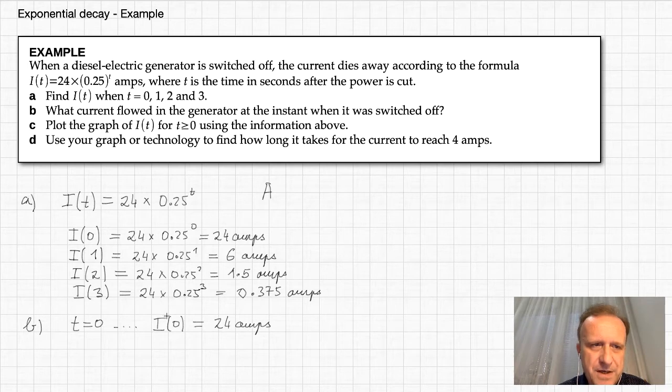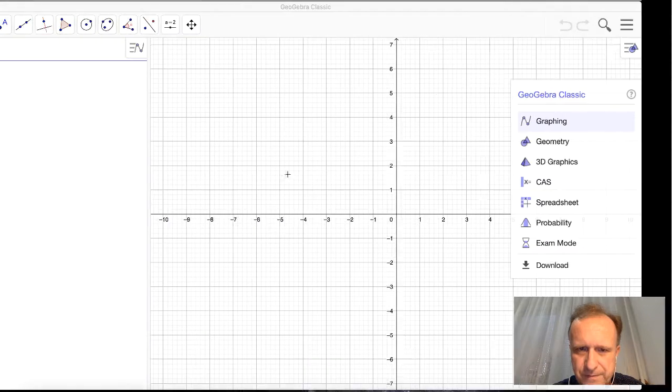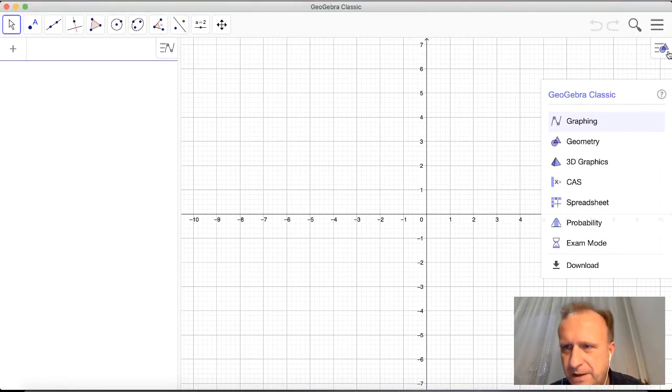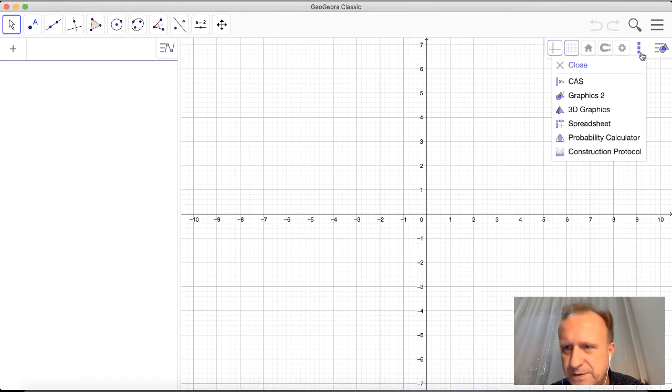Now in part C we have to plot the graph of I of t for t greater than or equal to 0 using the information above. Okay, so we have the formula, we have everything. Then let's move to GeoGebra. So this is GeoGebra again. Let me choose the spreadsheet view.